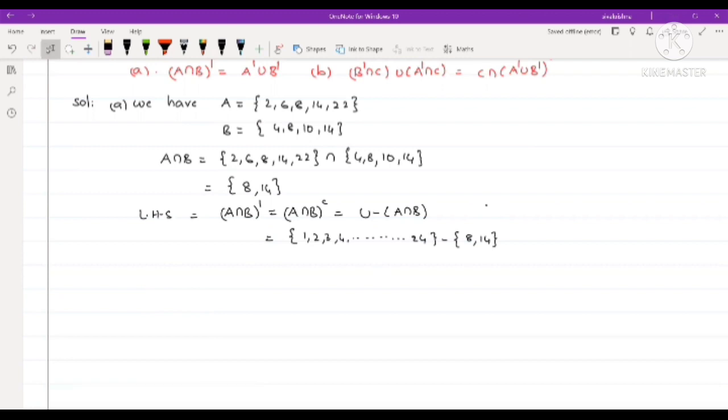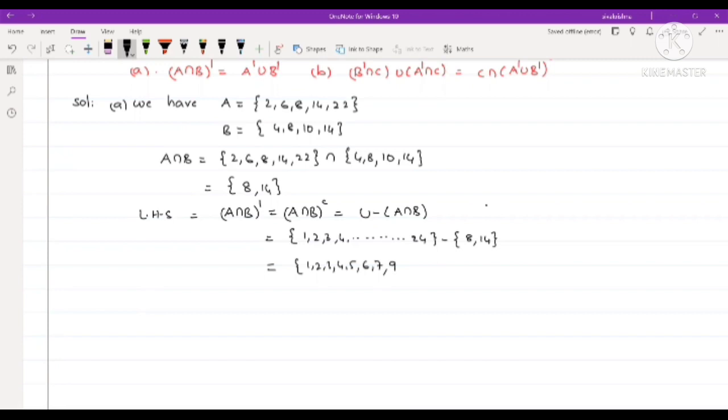So U minus A intersection B. Now coming to the solution, we have to write all the elements in U except 8 and 14, because we subtract the elements 8, 14 from U. So we write the elements 1, 2, 3, 4, 5, 6, 7, and we need not write 8.